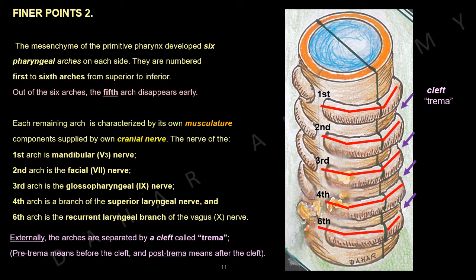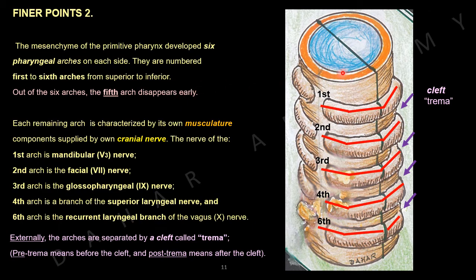Finer points 2. The mesenchyme of the primitive pharynx develops six pharyngeal arches on each side. They are numbered first to sixth arches from superior to inferior. Out of the six arches, the fifth arch disappears early.